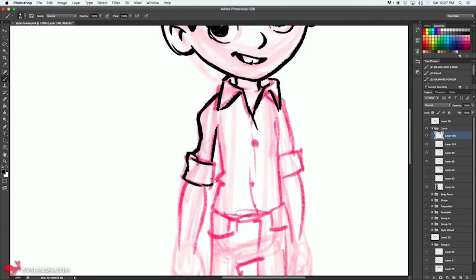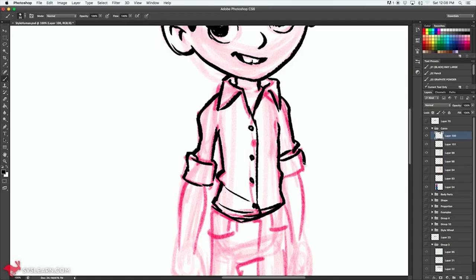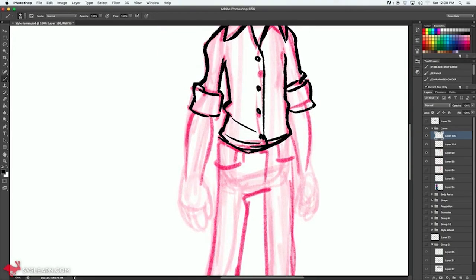I like inking traditionally, and I feel like you can get a lot more subtlety and a lot more expression with your line work when you ink traditionally. But for the case of this class, that's not too necessary. I made his cuff a little bit bigger there just to match that side a little bit better.